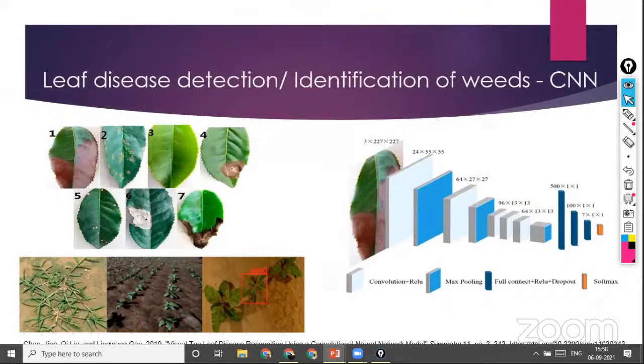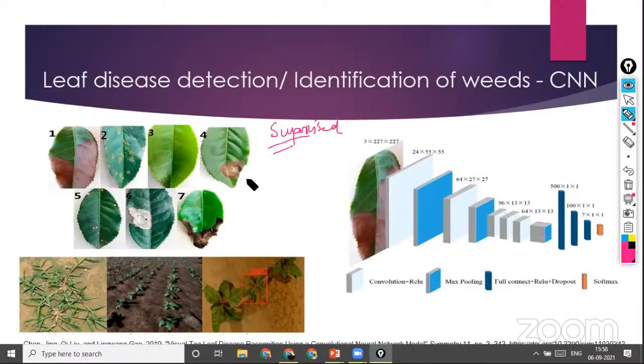As I said, this is a kind of supervised learning problem. I'm connecting to all those things that we have already discussed. The images are actually your data set.